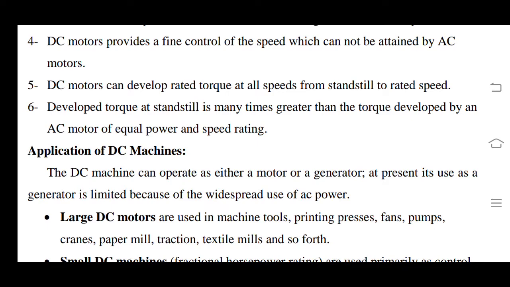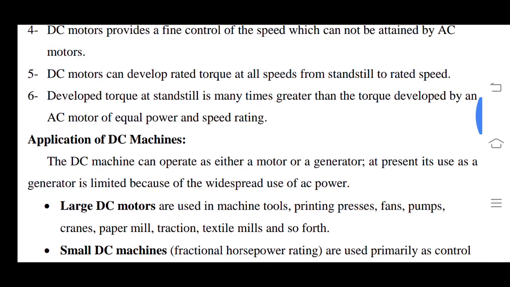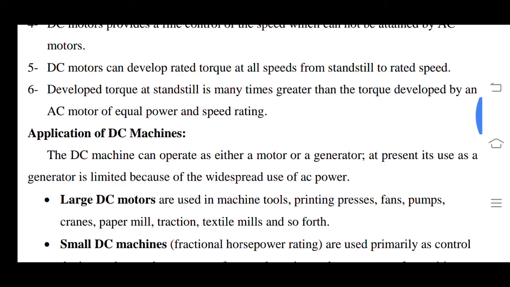Because frequency is proportional to speed, f is proportional to PN by 120. So in an AC machine frequency is not 0, so speed cannot be controlled easily in an AC machine.